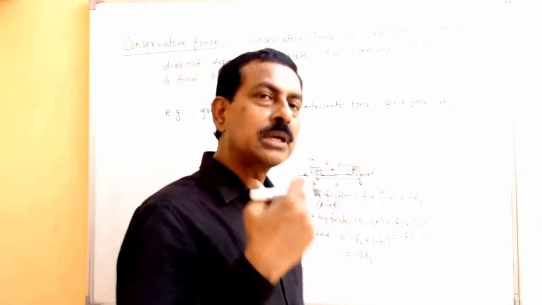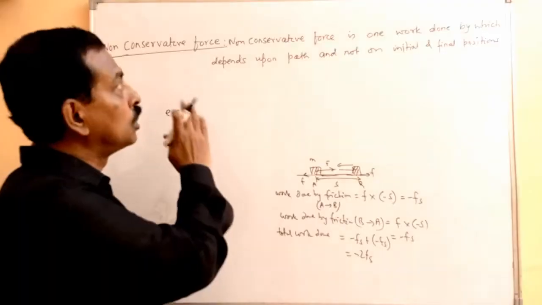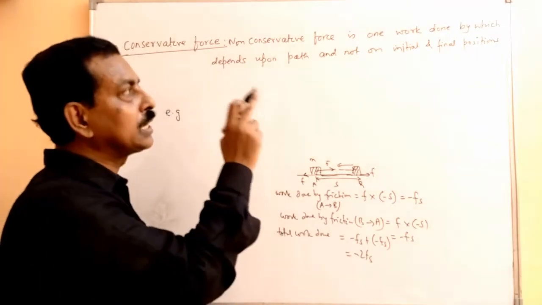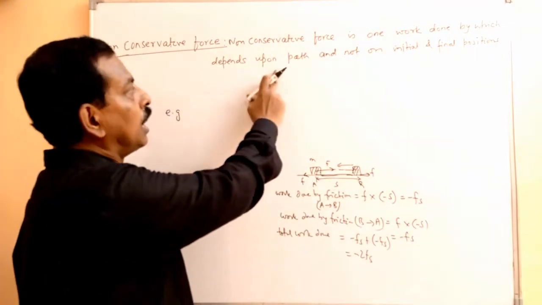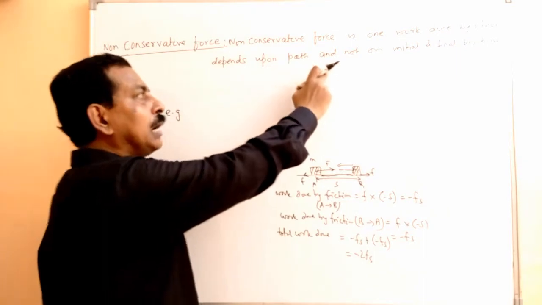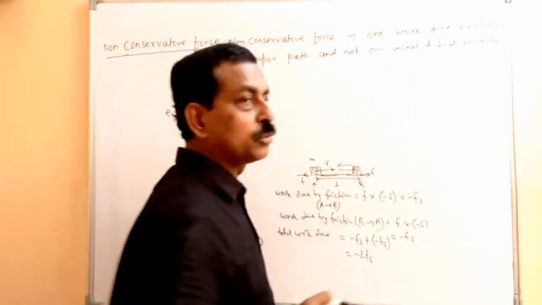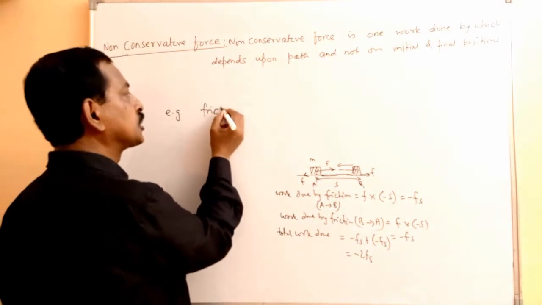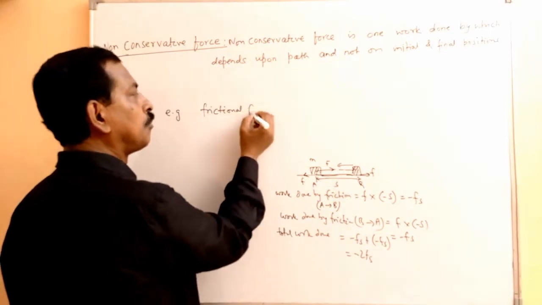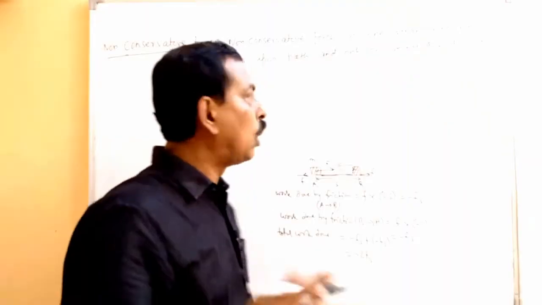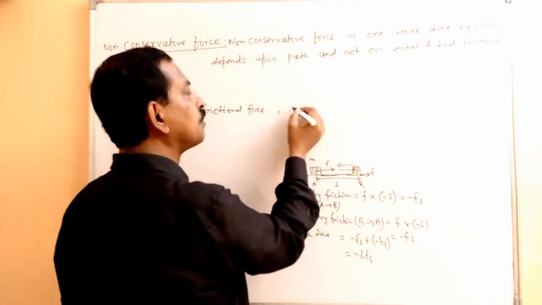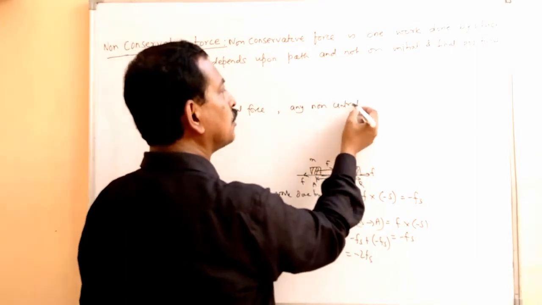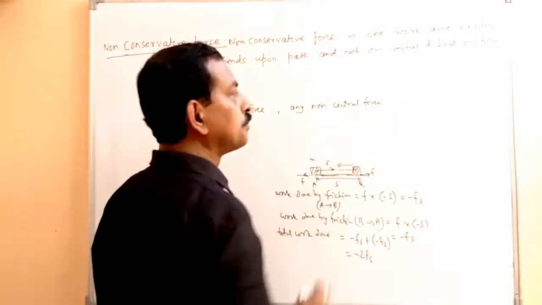So let's now take the non-conservative force. A non-conservative force is one whose work done depends upon the path and not on the initial and final positions. As an example, you can take the frictional force or any non-central force.